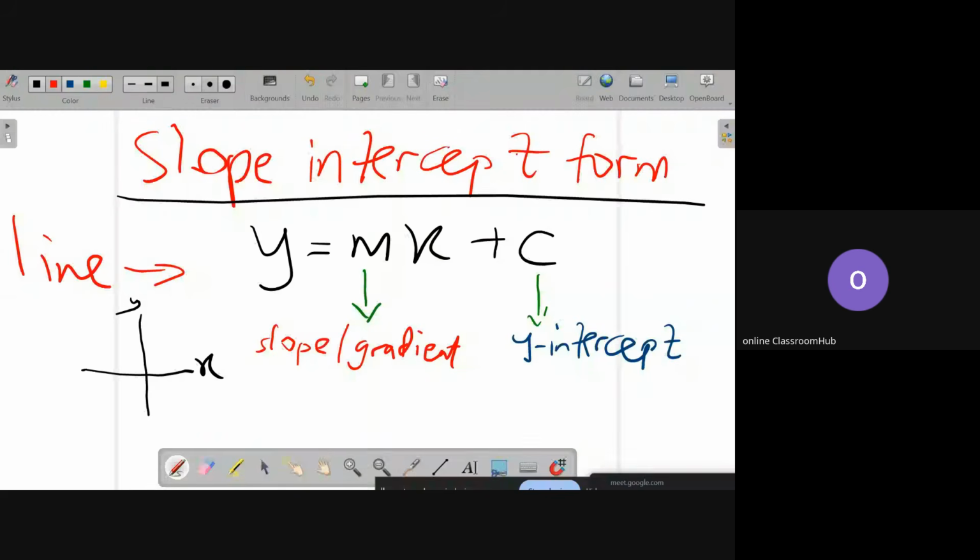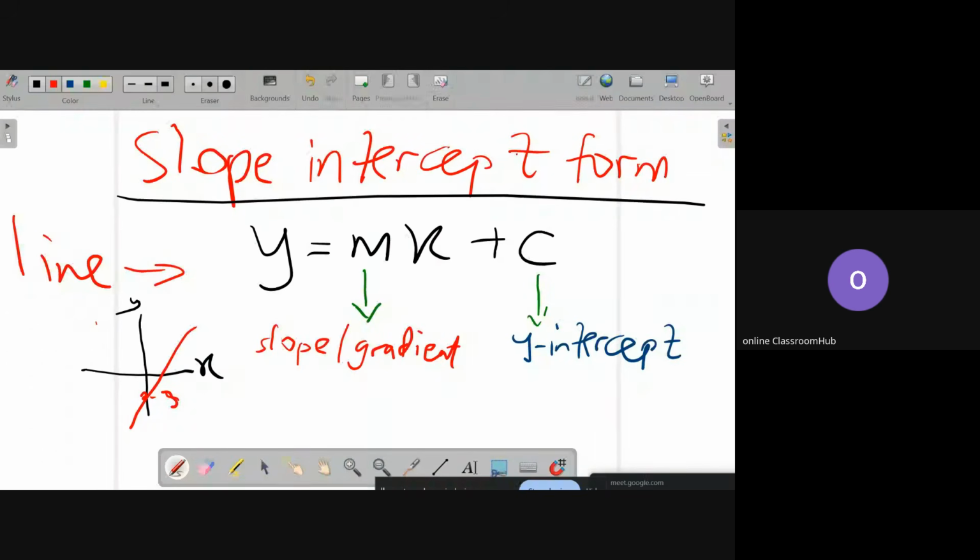So assuming this is the line, you could see that the line touches the y-axis here. So assuming here is 2, it means that the y-intercept is 2. Should the line touch the y-axis here, the point here becomes your y-intercept. Let's say -3. So your y-intercept is -3 in this case.